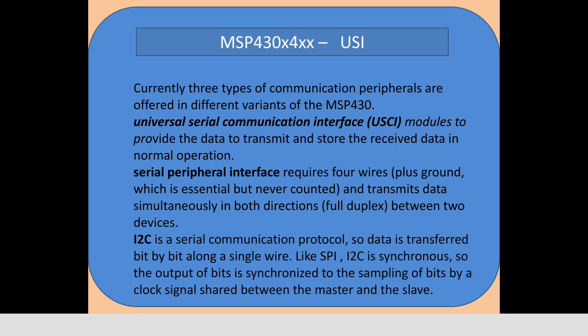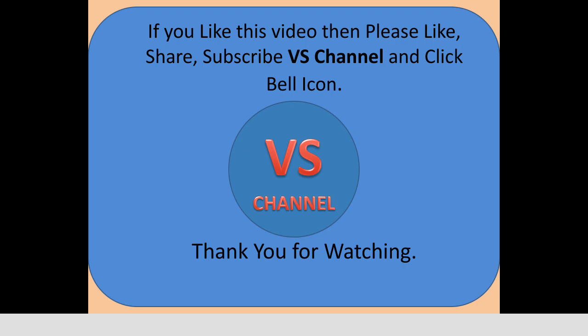So here we can use the serial peripheral interface, which requires 4 wires and transmits data simultaneously in both directions, that is full duplex. I2C is a serial communication protocol. The data is transmitted bit by bit using a single wire, right? So using this, the microcontroller accesses or communicates with external devices.